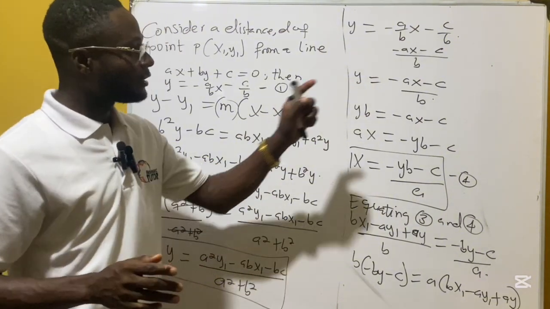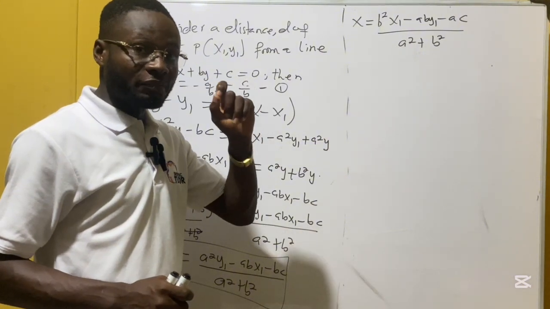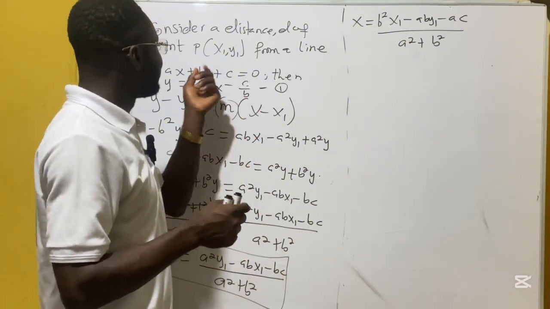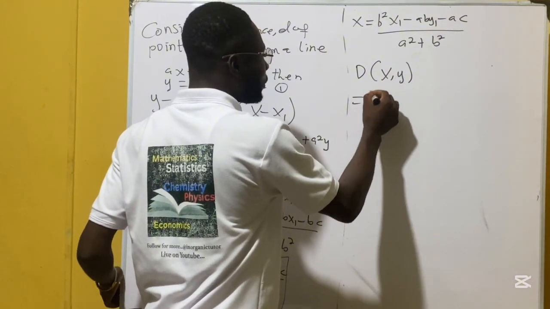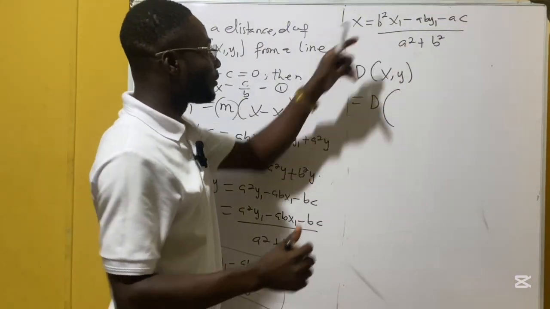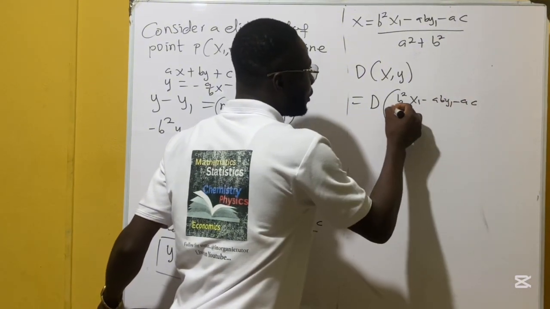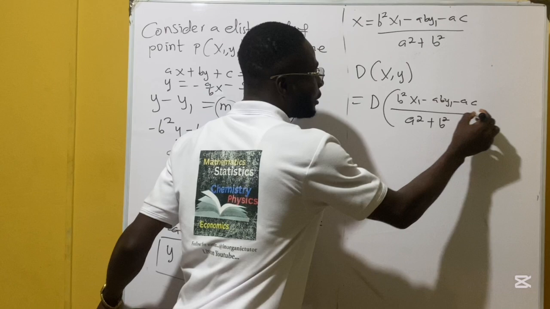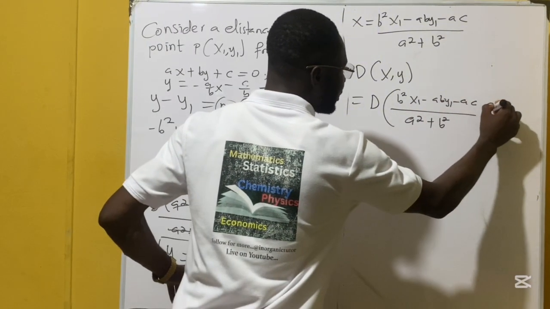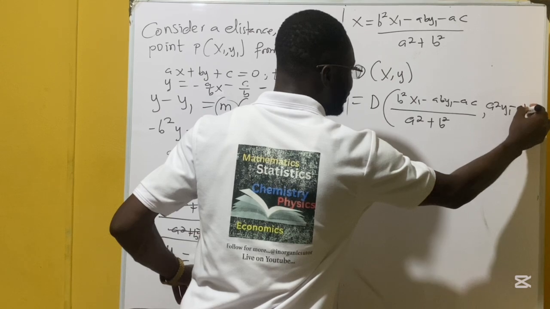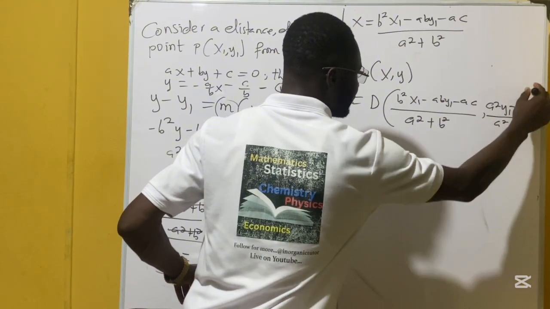Okay, so once we have the coordinate of D and that of P, which was already given in the information, the coordinate of D, which is D of x and y, is equal to D of x, now b squared x1 minus aby1 minus ac all over a squared plus b squared, comma, this is the x which we have here, and the y is here, a squared y1 minus abx1 minus bc all over a squared plus b squared, right?